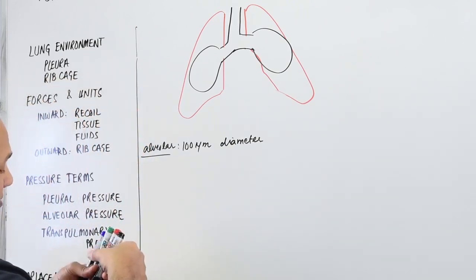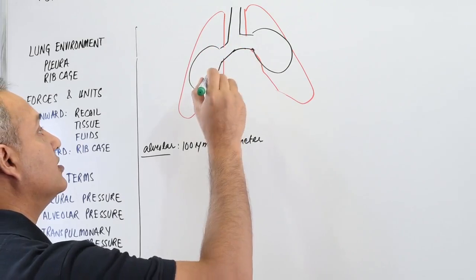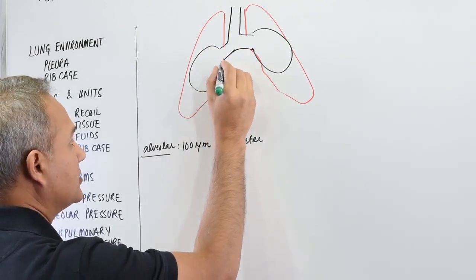Now outside the lungs we have the pleural layers.